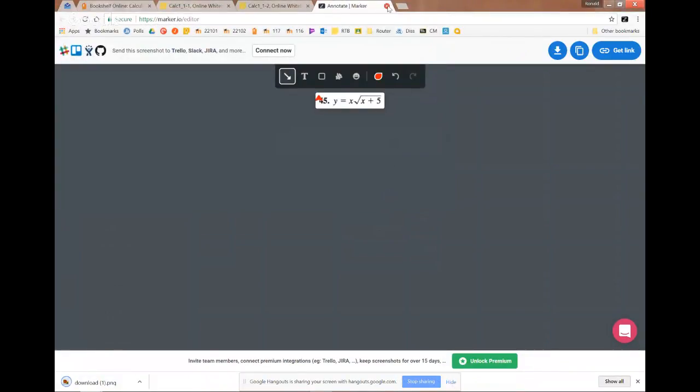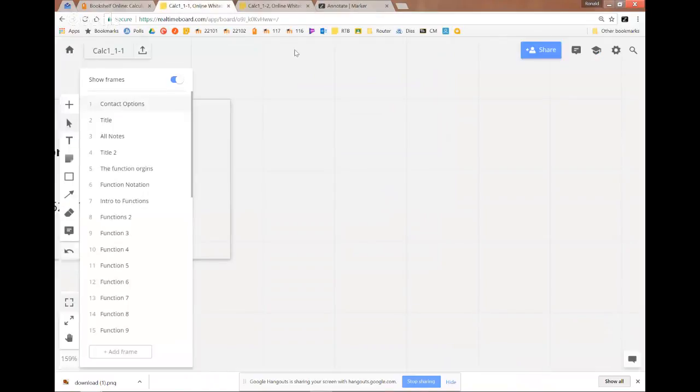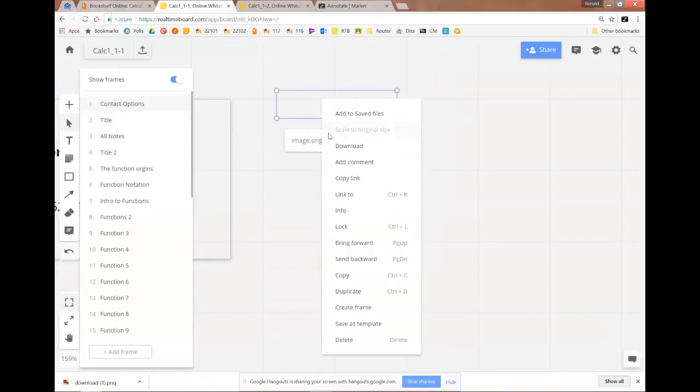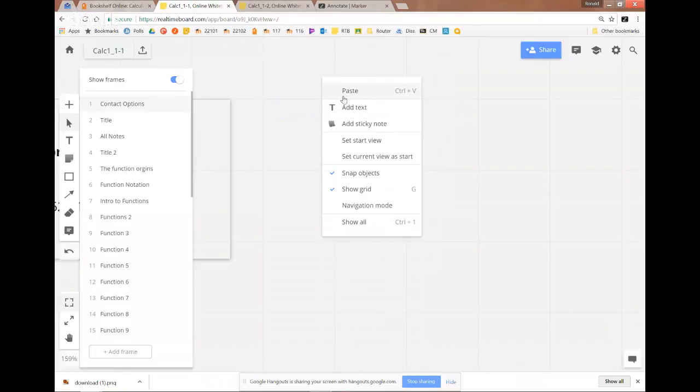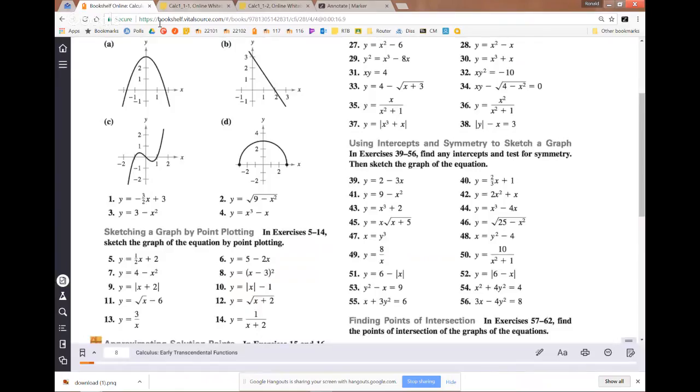Let's see if that does it. And now come back. All right, so anyway, what do we got here? It's y equals x times the square root of x plus 5.